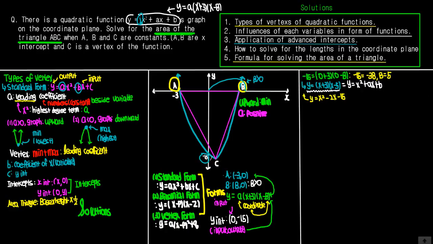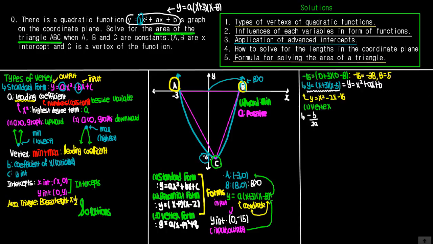And here we need to solve for our vertex. Let's solve for our vertex. Because vertex is going to be our point C, which is one of the points that is crucial when it comes to solving for the area of our triangle. So we can use our formula for our vertex, which is negative b over 2a.